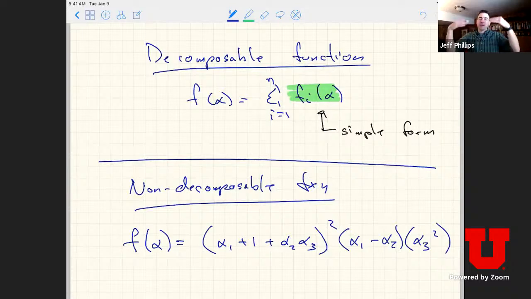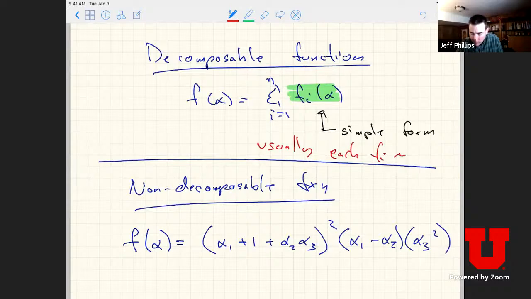But the point is, in a decomposable function, usually each f_i comes from one data point.